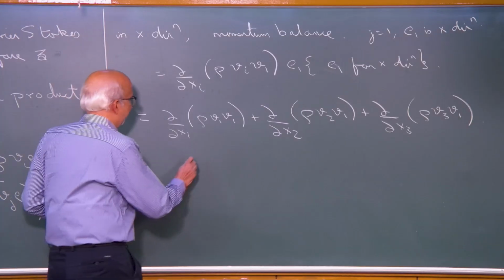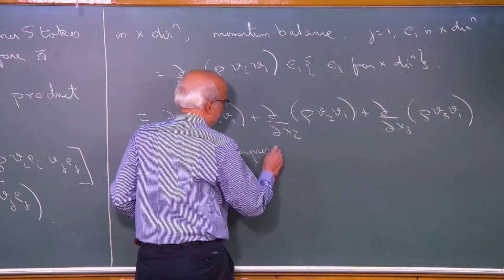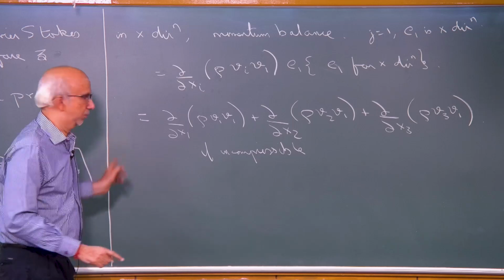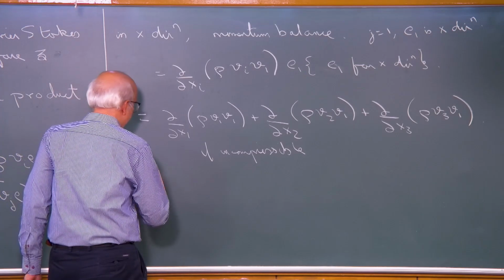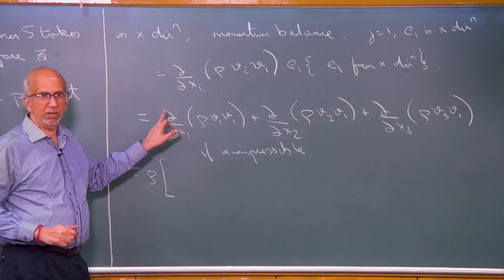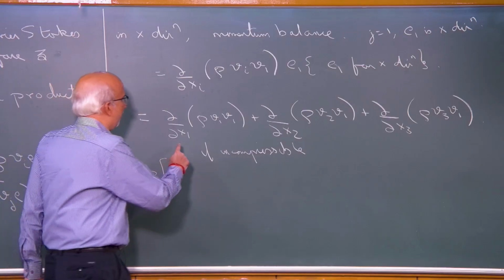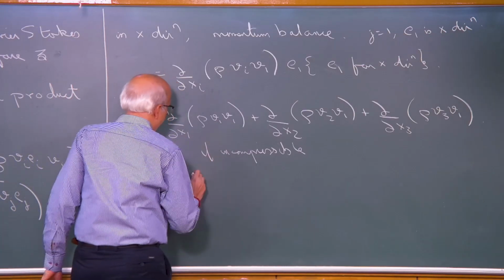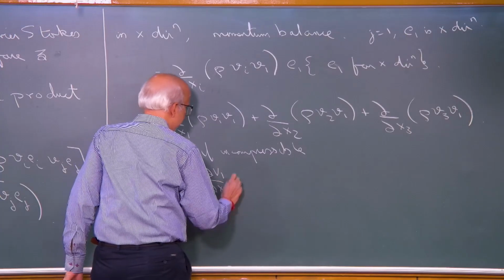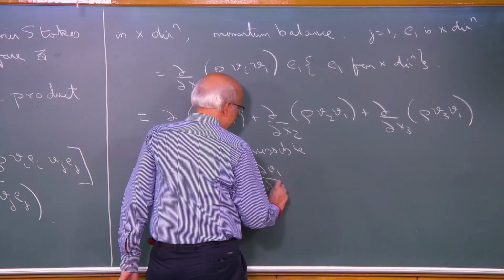If incompressible, then rho comes out, okay, I get rho times the derivatives. So, what is that? I have v1 times dv1 by dx1 plus again v1 times dv1 by dx1.